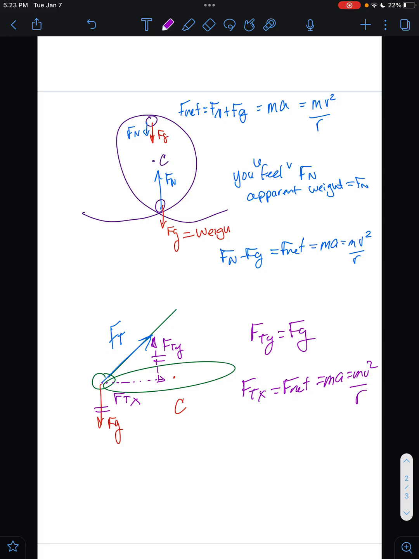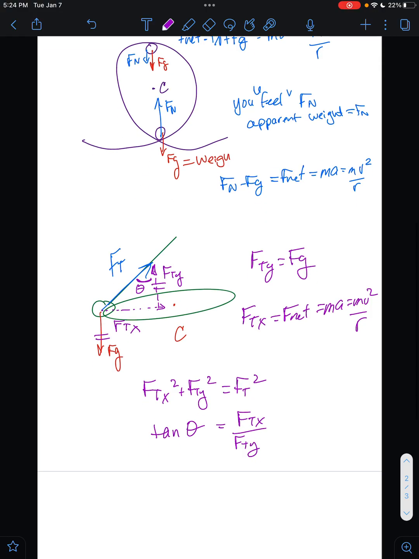And sometimes we give you something with an angle, or we do Pythag. So we could say a couple of things like FTX squared plus FTY squared equals FT squared. Or let's say they give us the angle the string is at. Then we could say the tangent of that angle is equal to the opposite, FTX, over the adjacent, FTY.